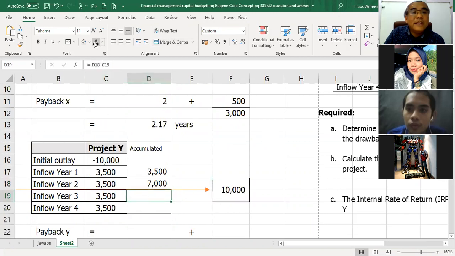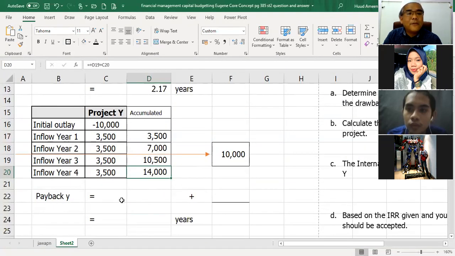So you may need a time in between year 2 and year 3. So 10,500 is greater than 10,000. This is what we call the a point figure. Then year 4, I think it's not equivalent right now.